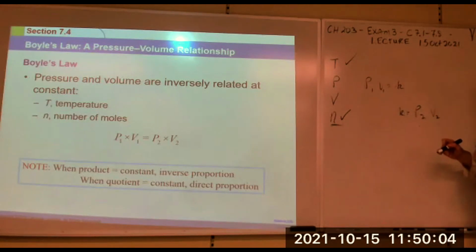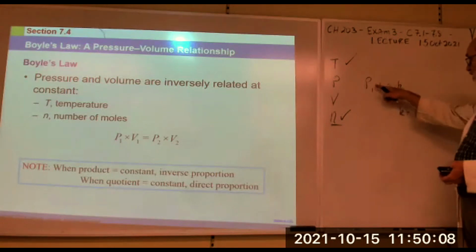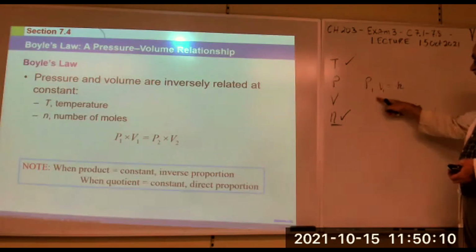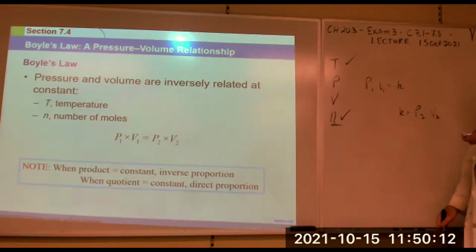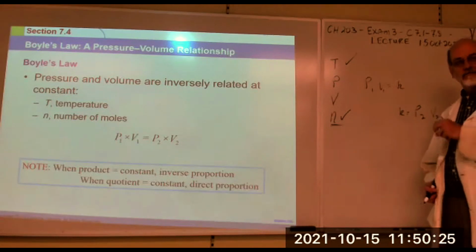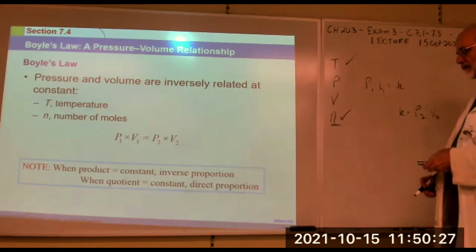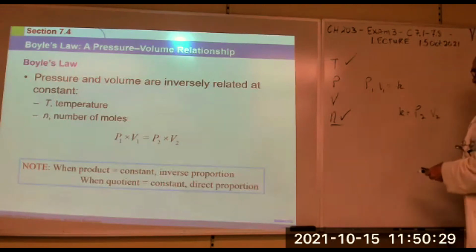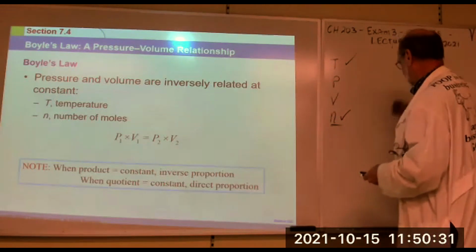So it's a mathematical identity. If these are both equal to the same constant, they're equal to each other. So if you know the pressure before and the volume before, and you have a new pressure, then you can solve for that unknown. Like any math equation, if you have one unknown, you can solve it. Okay, so that's Boyle's law.